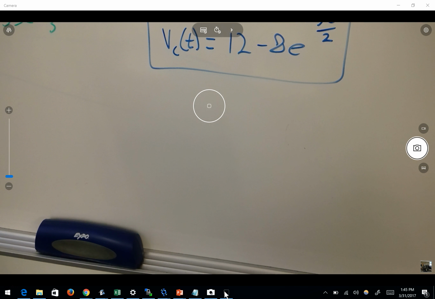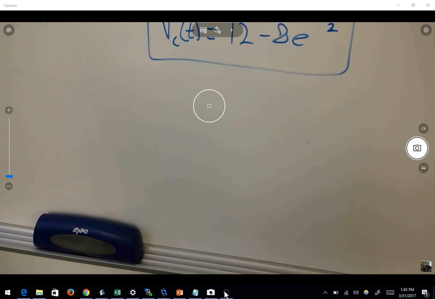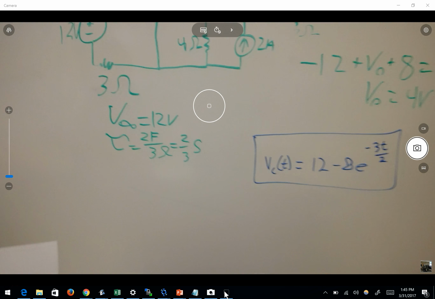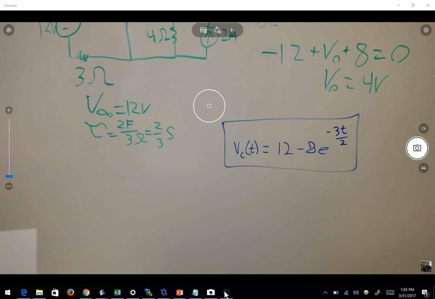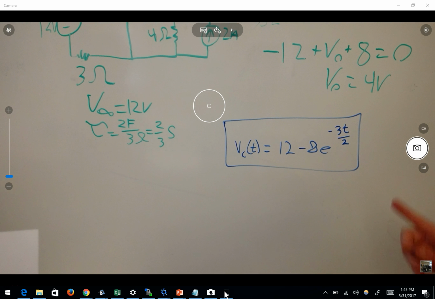Well, let's see. You actually removed a short that was also here. Does that matter? Maybe not. Isn't the time constant for capacitors different than for inductors? Oh yeah, it's actually 3 times 2.